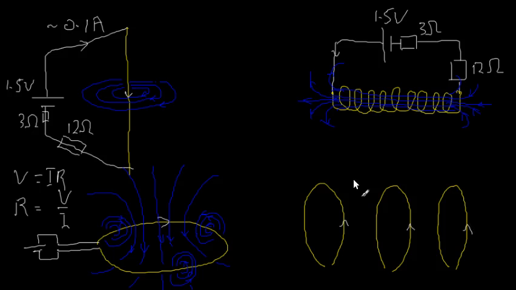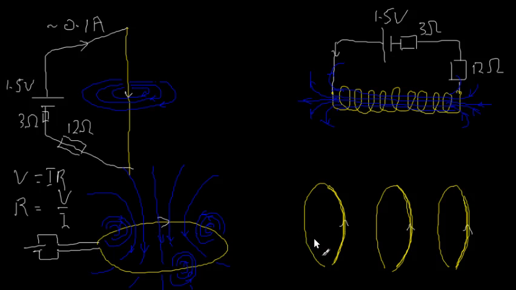Let me try and draw this part thicker. So this part is a little bit thicker, and it's supposed to mean that this part is closer to you. This is meant to be a 3-dimensional drawing. Okay, right. So this part is closer to you, that part is further away.